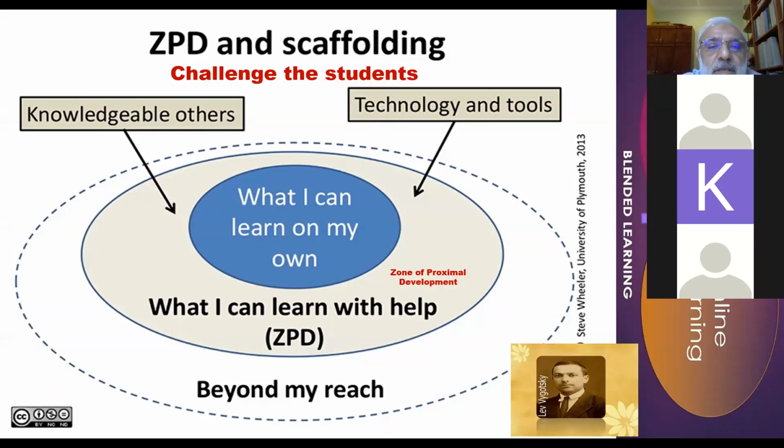And there are 2 interventions there: knowledgeable others, which are teachers, and then technology and tools. Here the students can be provided just enough help to learn that topic or to gain that experience. And that is where the term scaffolding is used.